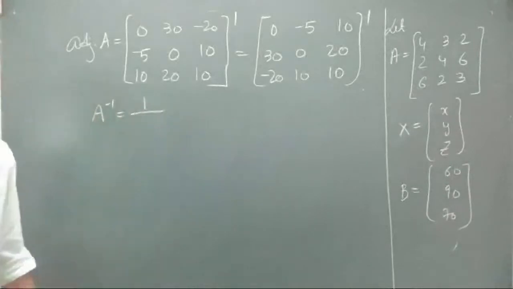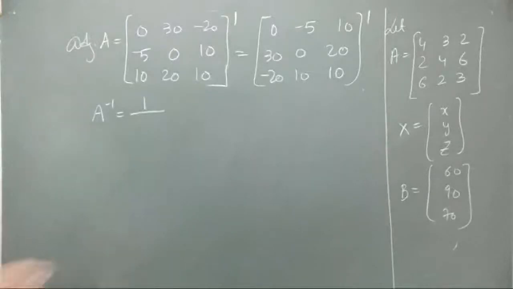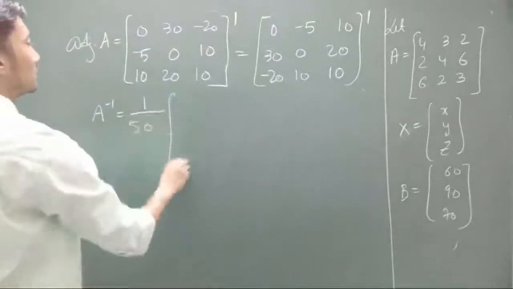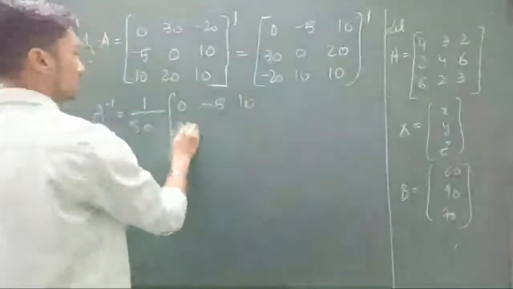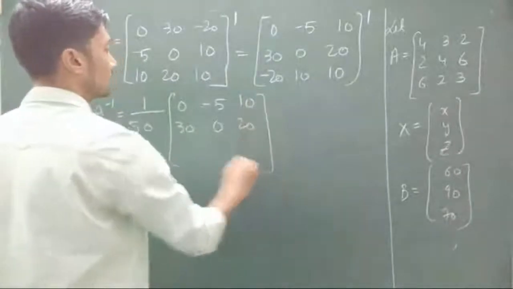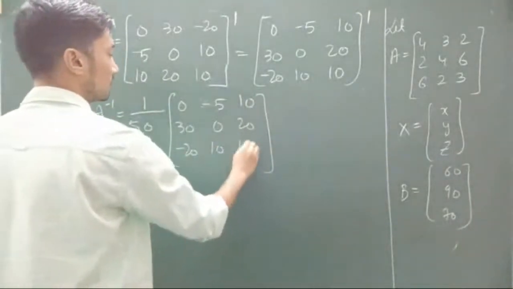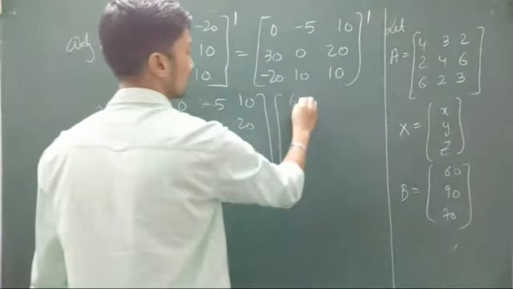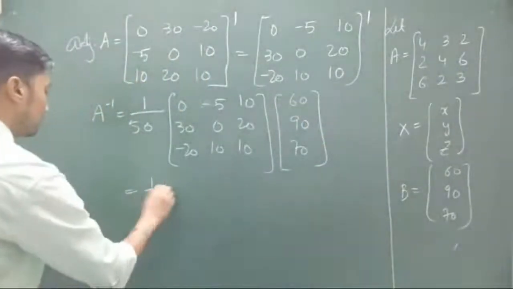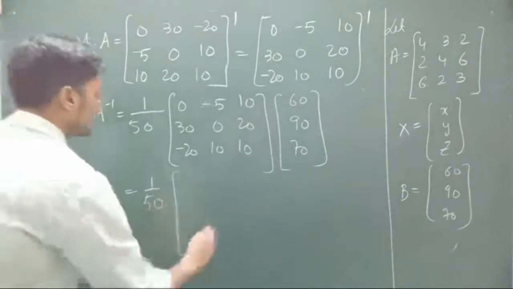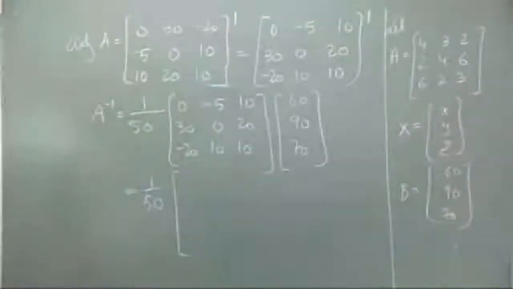What was our determinant again? I forgot. 50. Sorry. Zero minus 5, 10, 30, 0.